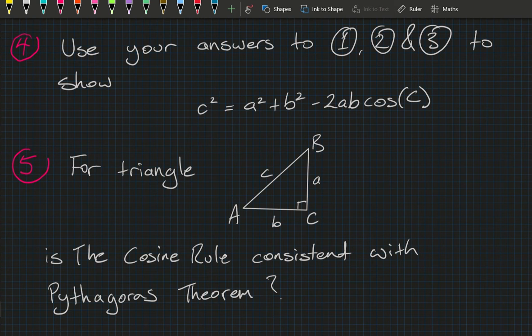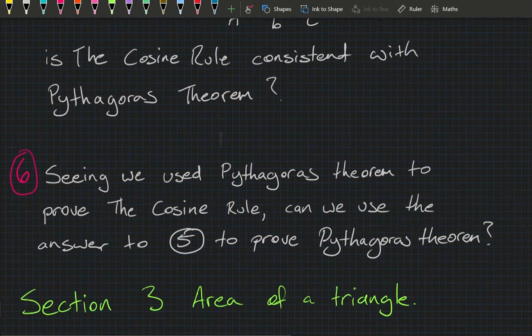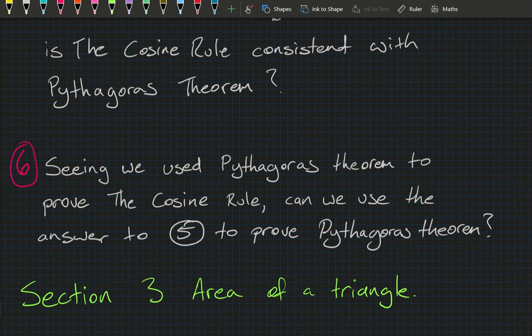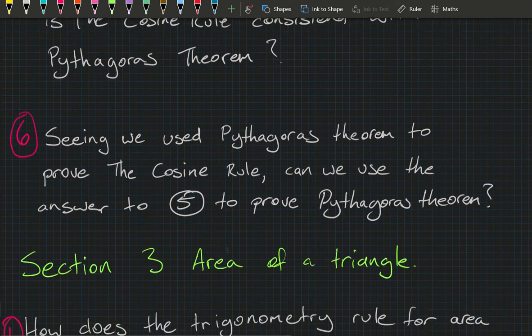If so, why? If not, why? Another part to that one: seeing we've used Pythagoras' theorem to prove the cosine rule, can we use the answer to 5 to prove Pythagoras' theorem? Maybe that's giving away what the answer to 5 is, but this is more about a logical approach. If you've used something to prove something else, can we then use the proof to go backwards and prove the other thing? Some of you might want to look up what a circular argument is.